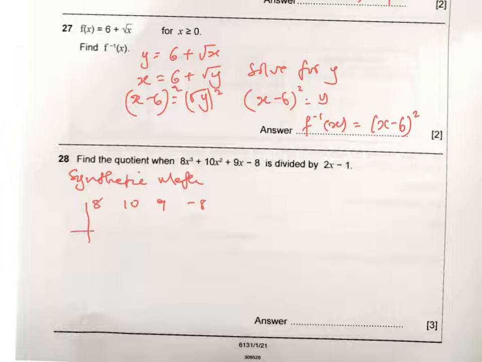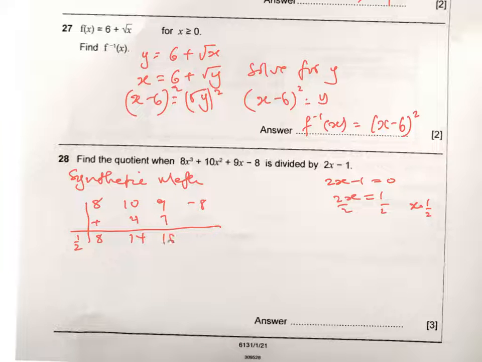Then I make my table, and I solve 2x minus 1 equals 0, which means 2x is 1, so x is a half. I put a half here, drop the first term, 8, multiply, that gives me 4, plus is 14, half of 14 is 7, plus is 16, half of 16 is 8, plus is 0.